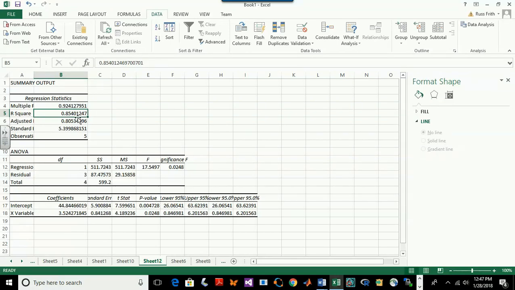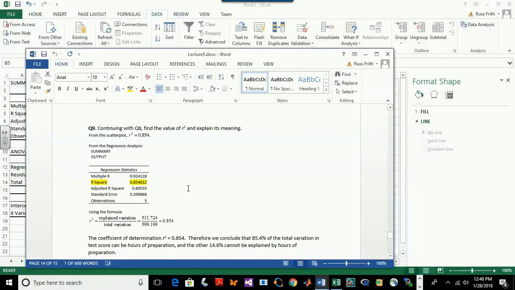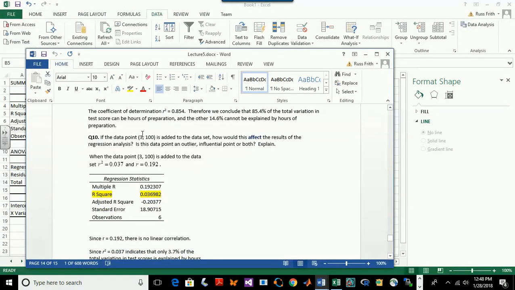Okay. So the next question is, if the data point, okay, so let me show you in the Word document. Okay, so if we add 100, so a guy studies for 3 hours and gets 100, is added to the data set, how would this affect the results of the regression analysis? And is this data point an outlier, influential point, or both? Okay, so, all right, so let's see here.